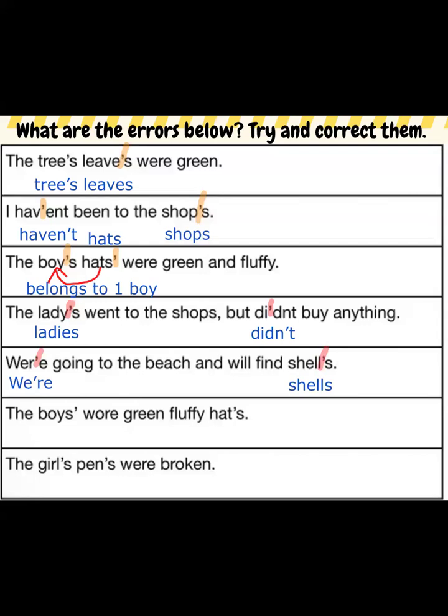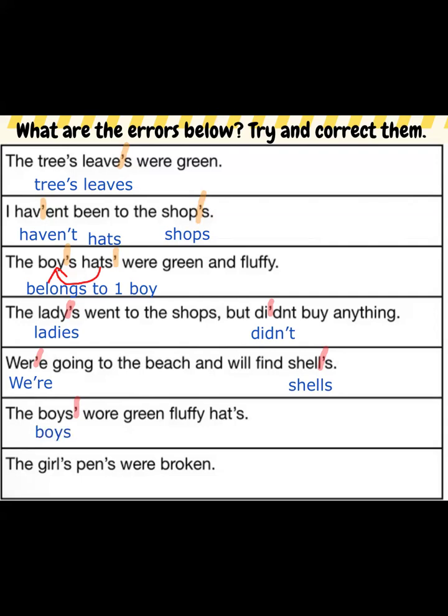And let's have a look here. The boys wore fluffy hats. Now, boys, they're not owning anything in this particular sentence. They are wearing something. So I would just need the word boys without any apostrophes in it. Okay. And they wore fluffy hats.